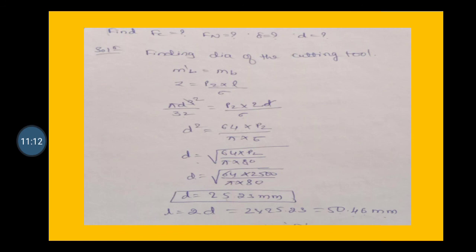Z is pi d cube by 32, equal to Pz into 2 into 2d divided by stress. D square is equal to 64 into Pz divided by pi into stress. D is equal to the square root of 64 into Pz divided by pi into stress 80. So the result, diameter D is equal to 25.23 mm. Length L is equal to twice the diameter, that is 2 into 25.23, that is 50.46 mm.